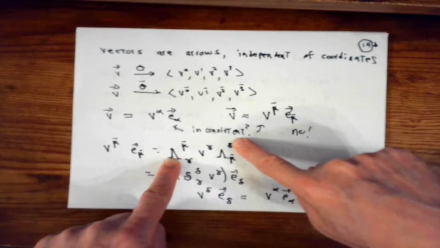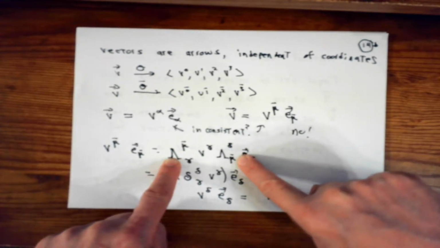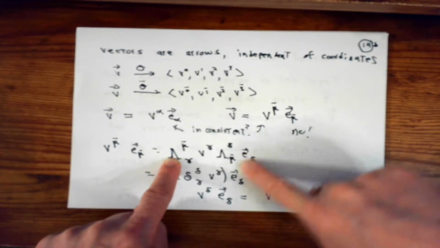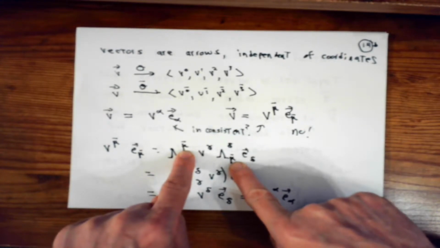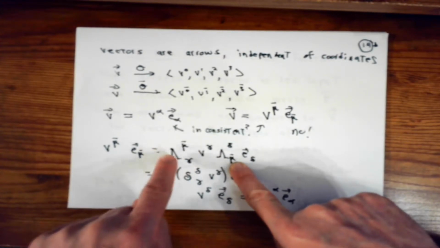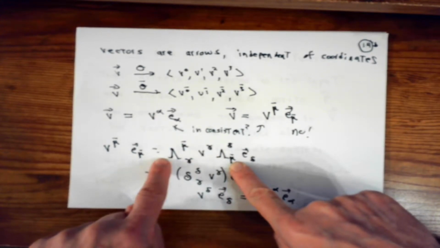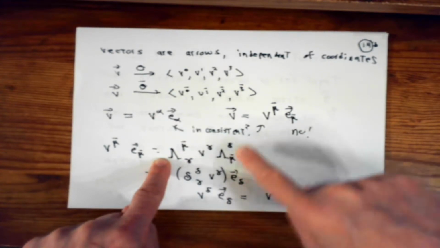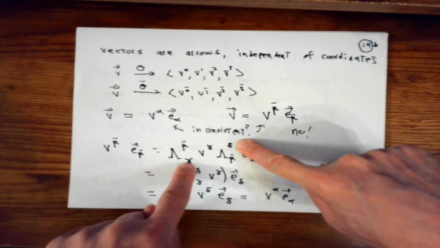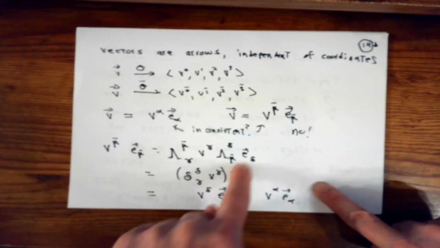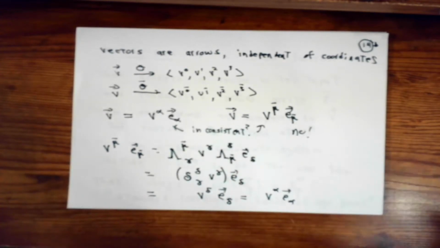Lambda delta mu bar downstairs is an element out of L inverse. We are summing over mu bar. This lambda times this lambda summed over the mu bar is the Kronecker delta, lowercase delta, gamma. Then I have my v gamma and my e delta.